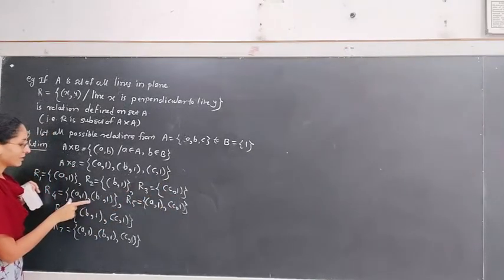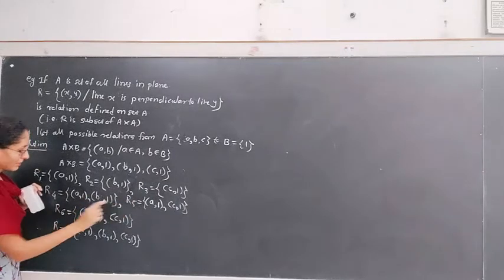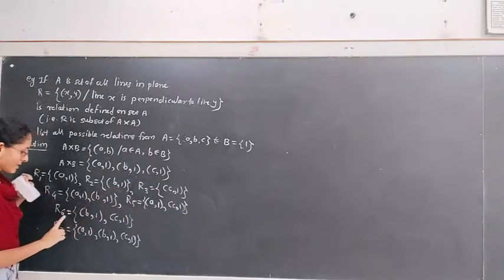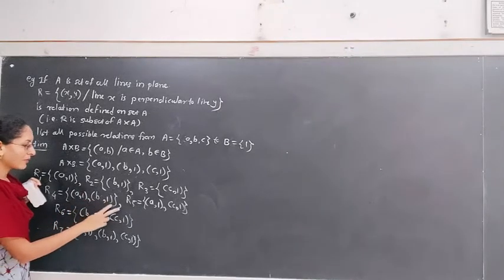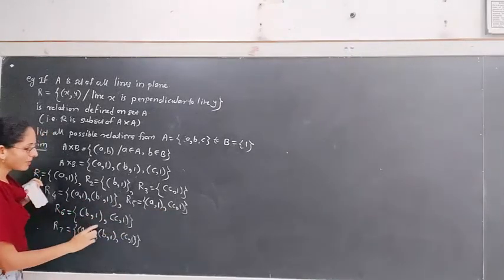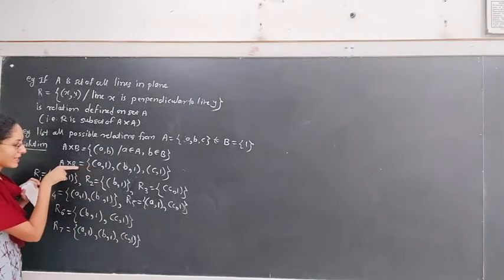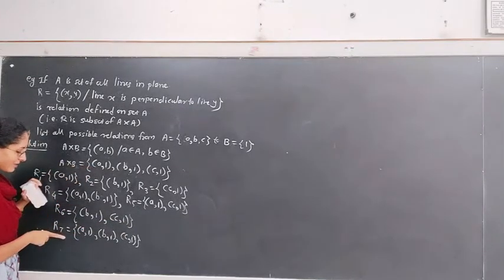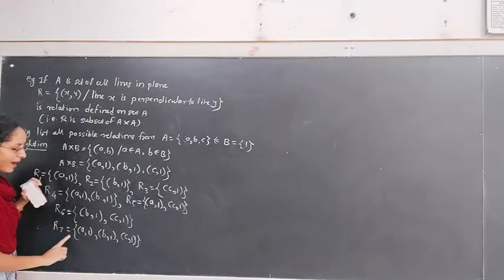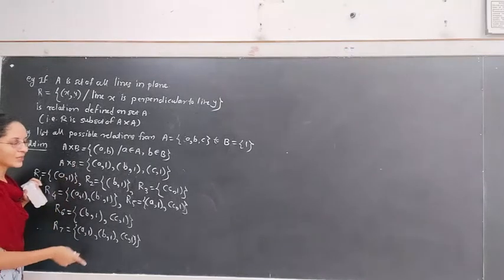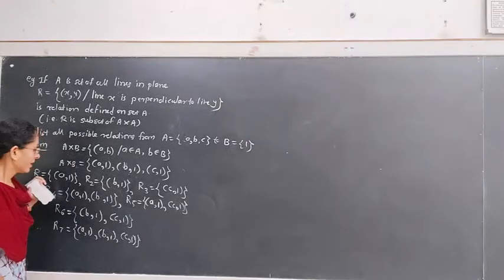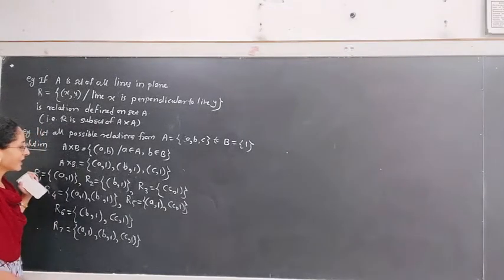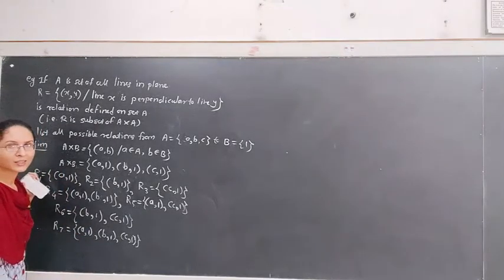Next R4, R5 and R6 contain two elements, namely (a,1), (b,1); (a,1), (c,1); (b,1), (c,1) from this set A cross B. And the last relation is R7 that contains all the elements of A cross B because every set is a subset of itself. Hence we defined 7 relations from the set A to set B.